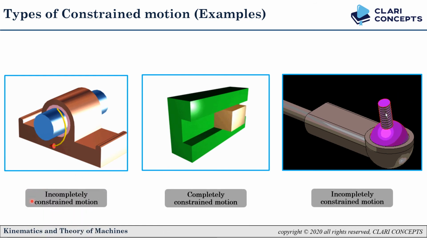So this is incompletely constrained motion. Why? Because it is dependent on direction of external force. You can rotate as well as slide. This is completely constrained motion because there is only one motion associated with these two links. And the last one is also incompletely constrained motion because it is also dependent on the direction of external force.